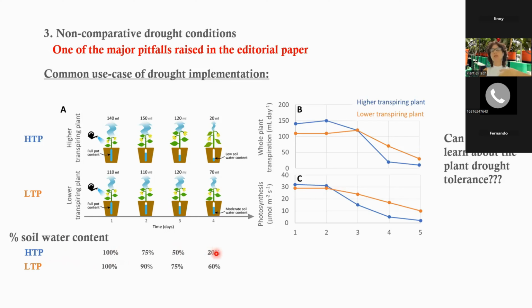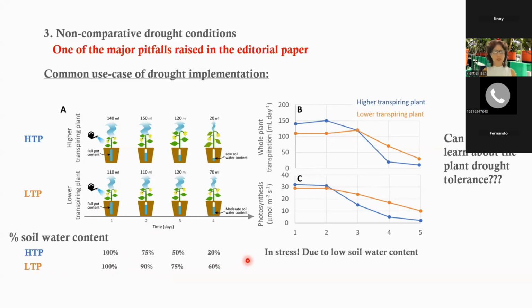It's pulling more water out of the soil and transpiring it to the air. The lower transpiring plant goes down more gradually, less aggressively, and because it transpires less, it pulls less water from the soil.